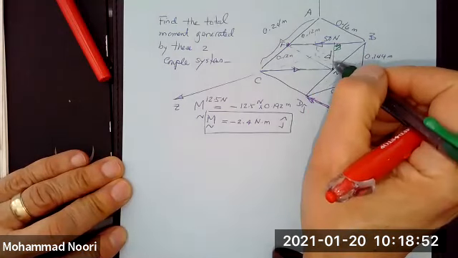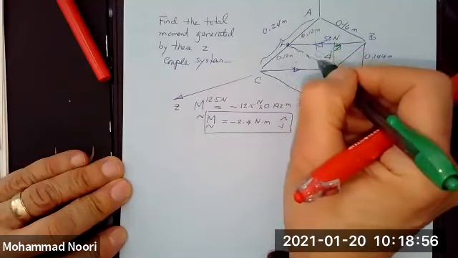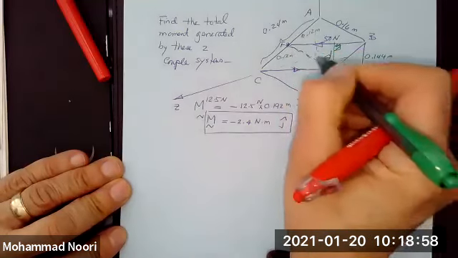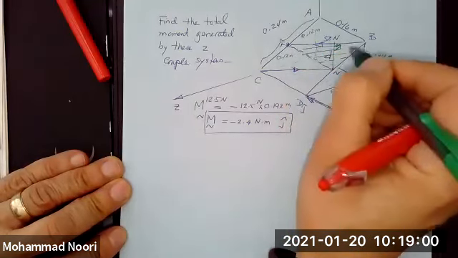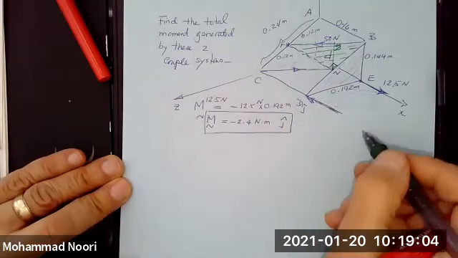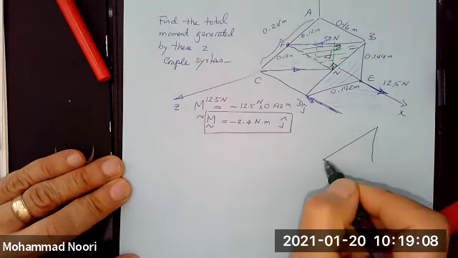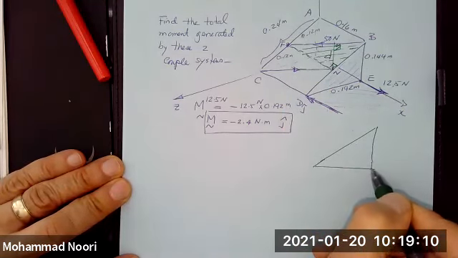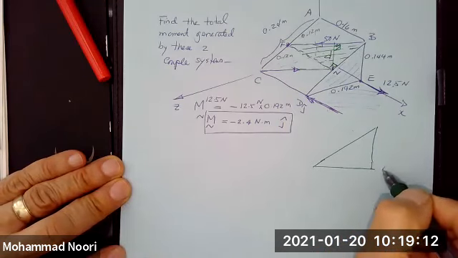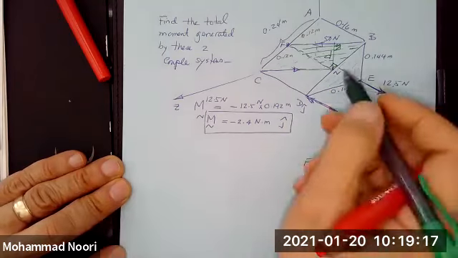How do I find D? Let's look at this triangle. So I'm going to redraw this triangle in 2D here. So in other words, this is that triangle. This is NBF. Can you see that?